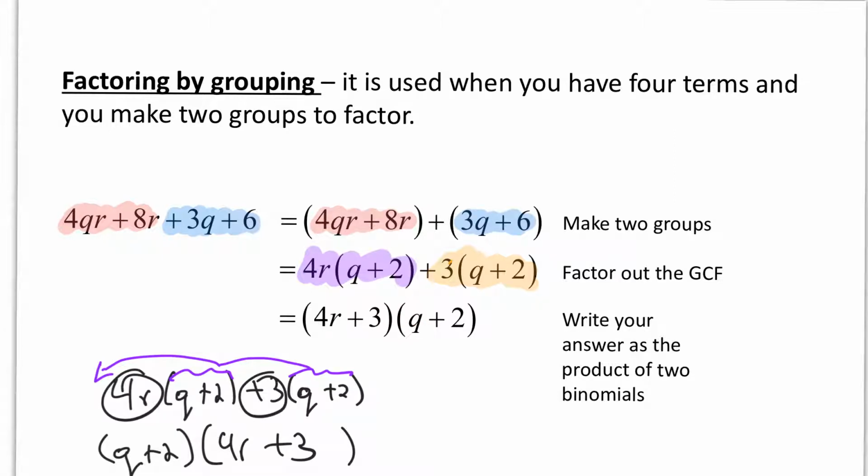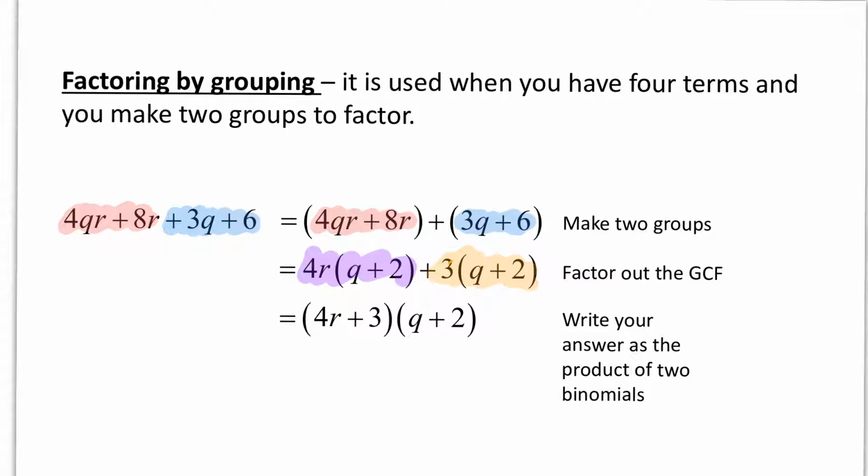Now, something you can also do, if you don't want to do this work here, so let me just erase all of this here, you can look at the terms outside of the parentheses, and you put it inside one of the parentheses. So 4r here, plus 3 here, and this one just goes on the second parenthesis. And that's your answer. You have those 2 binomials.